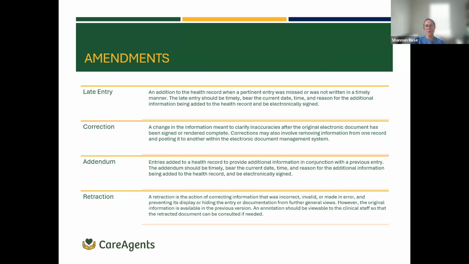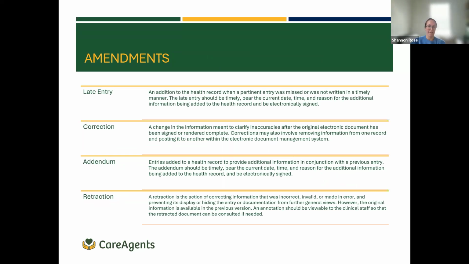So on the occasion that a resident's record must be amended, the documentation policies must outline who, when, and how records may be amended. Policies and procedures for amendments must be in place to ensure the integrity of the information contained in the record for resident safety, the business record, and the legal record of the organization.